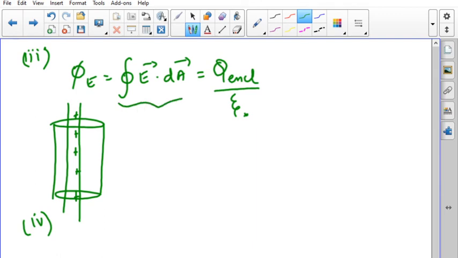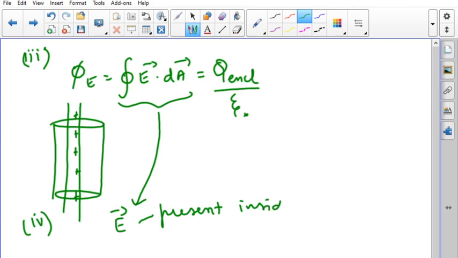So in the left hand side of this equation, you have to consider the electric field which is due to the charges present inside and outside the Gaussian surface.